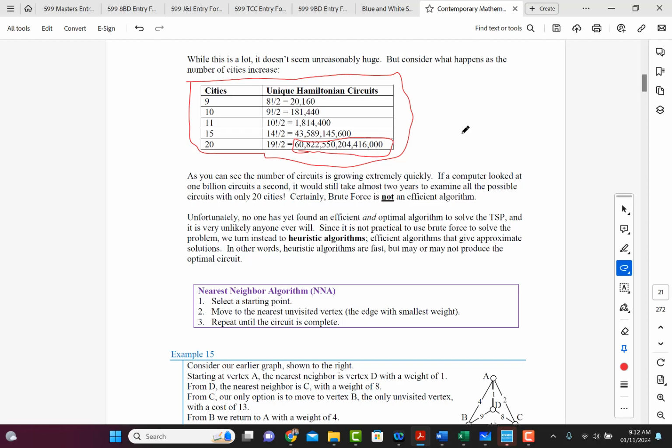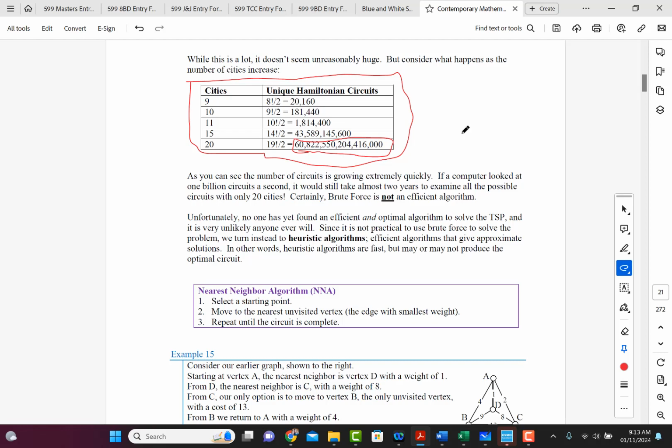If a computer looked at 1 billion circuits each second, it would still take almost 2 years to examine all the possible circuits with only 20 cities. Certainly, brute force is not an efficient algorithm.